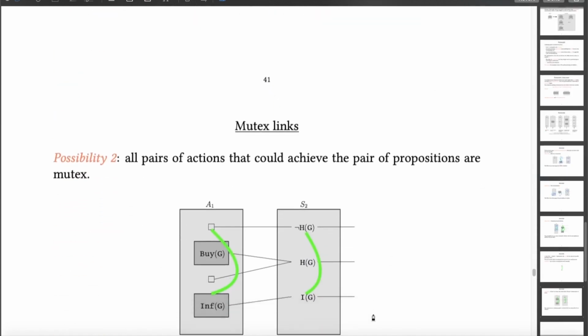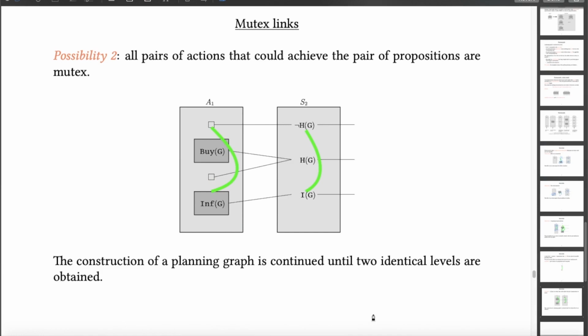And the final kind says that all pairs of actions that could achieve a pair of propositions are mutex.